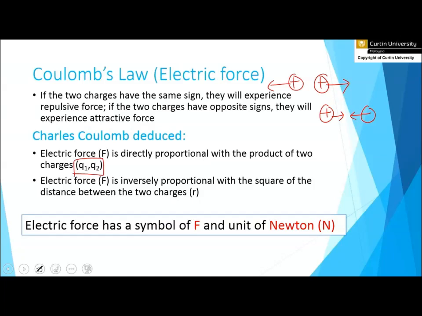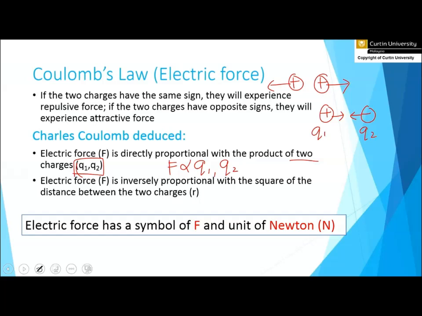Okay, so it mentioned only about the interaction between two charges. So which means your F is directly proportional to the charge given by Q1 and Q2. So let's say this is Q1 and this is Q2. So how strong is the force between them depends on the charge they contain, your Q1 and Q2.